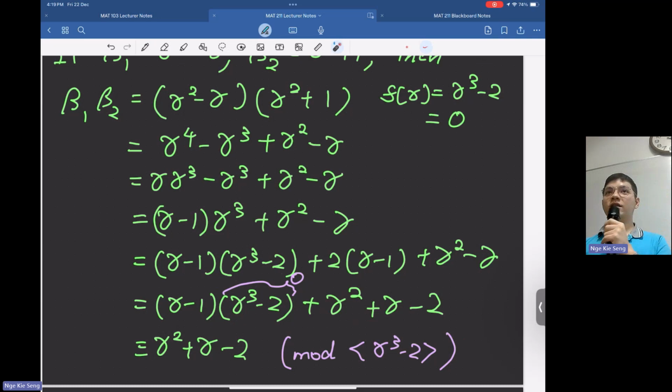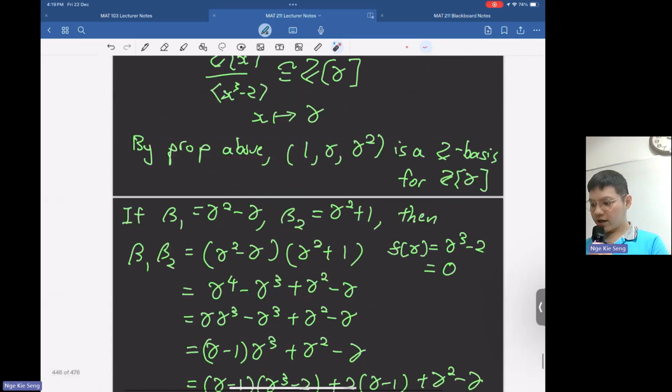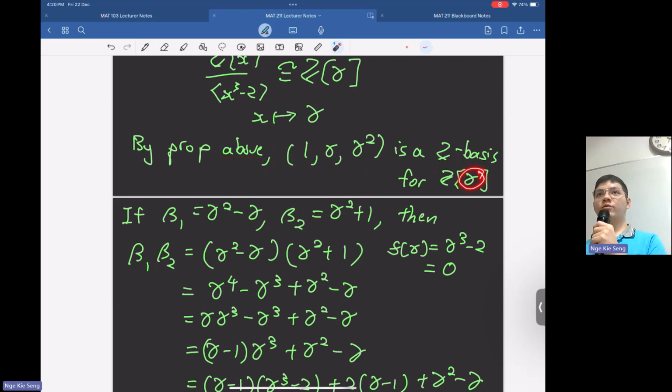Does it make sense? Can you see why we can reduce the elements in Z alpha to the basis that contains powers of alpha up to n minus 1, where n is the degree of the polynomial that this root alpha evaluates to 0 in?